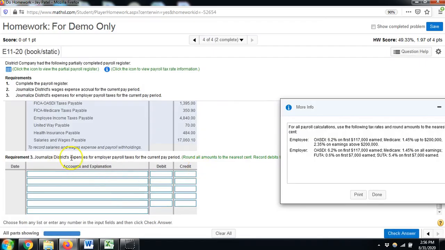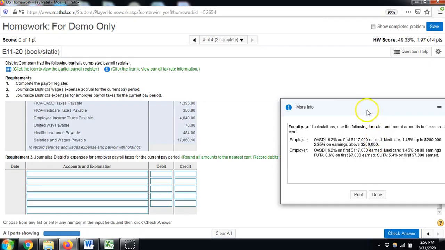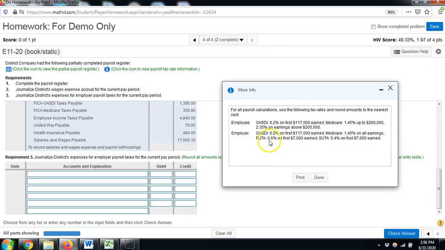Okay, so now it wants us to journalize the expenses for the employer payroll taxes for the current period. So this is, again, shifting a little bit, because all these taxes were for the employee. Now it's asking us for the employer. So we're going to have some extra stuff like the unemployment insurance, which we see here. Let's just fill out the accounts and do the amounts second.